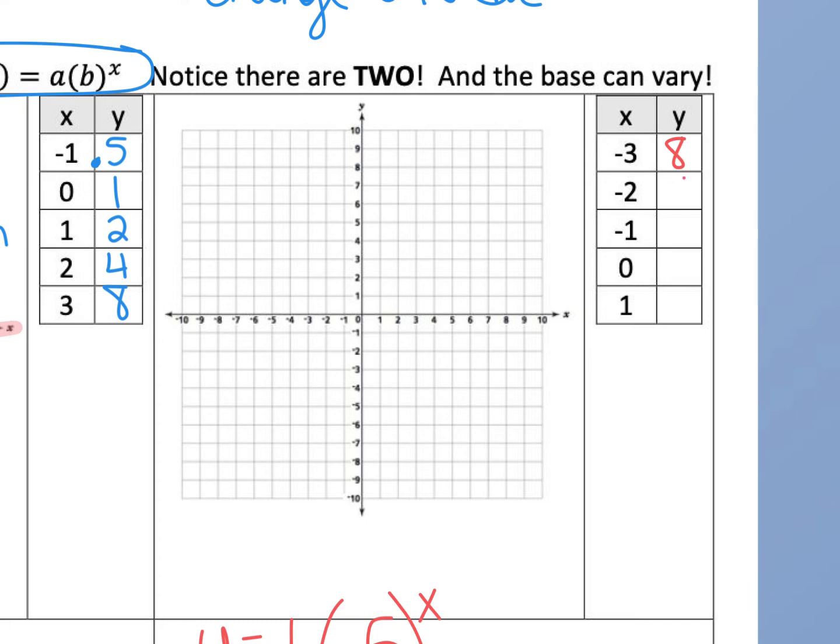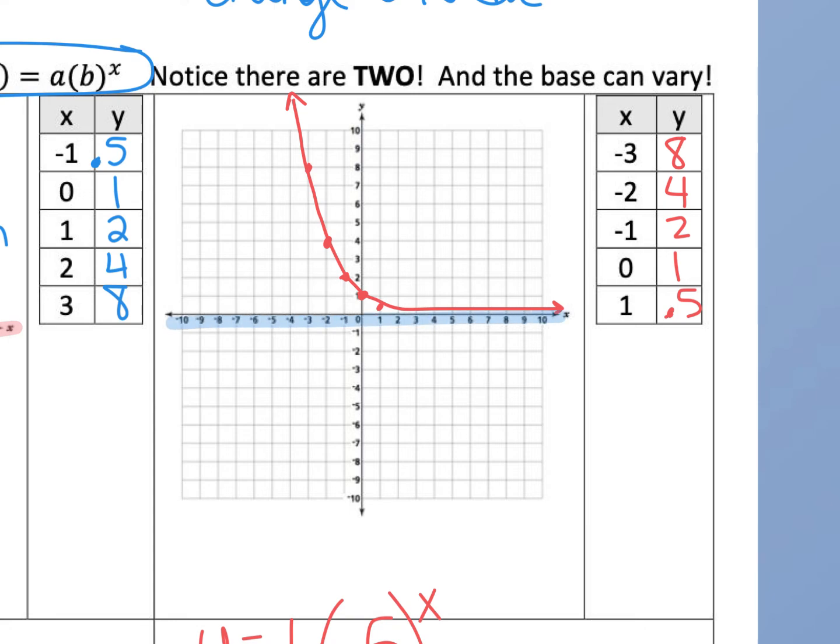Now it's 8, and then 4, 2, 1, and 1/2. So -3, 8, and then -2, 4, -1, 2, here and here. So it's going to, and again, we get close to that. We call it the asymptote.